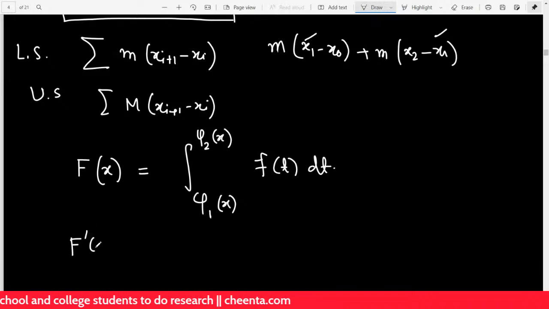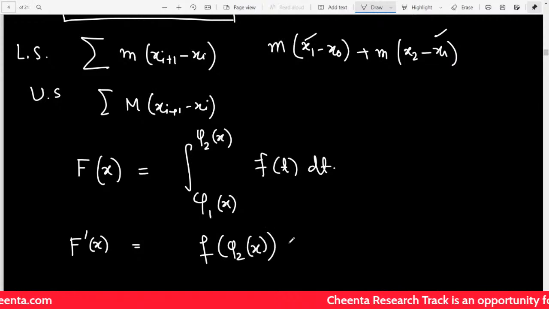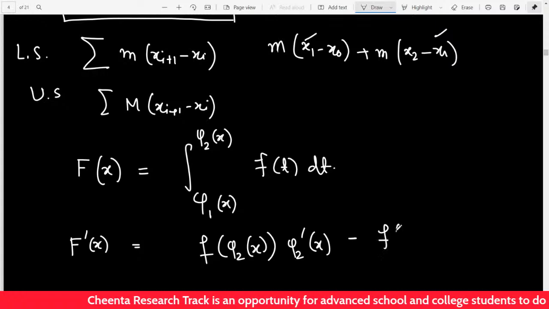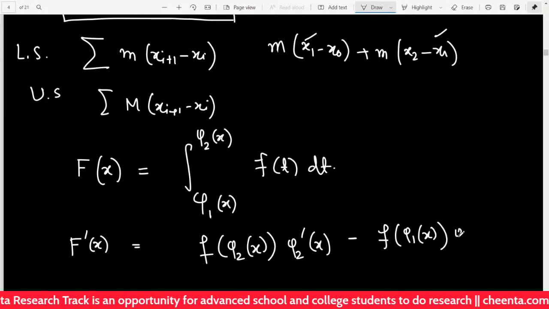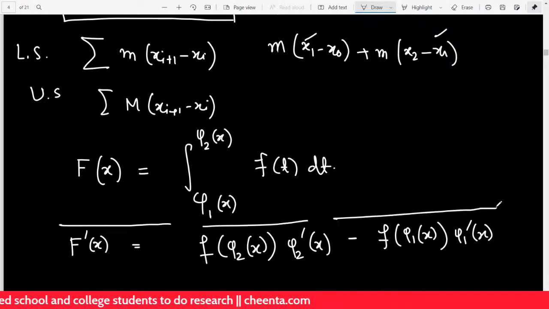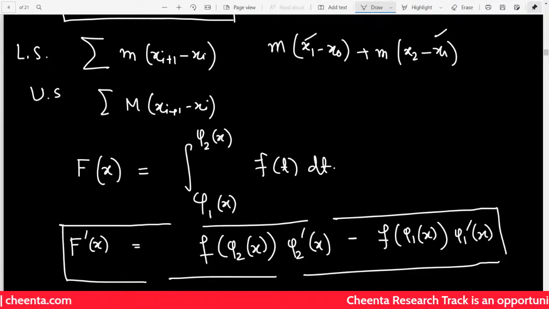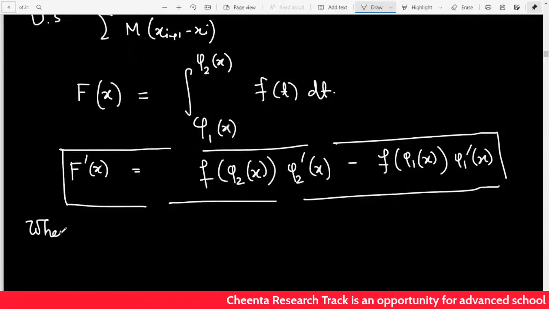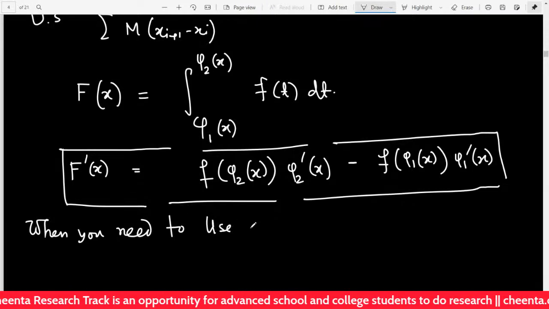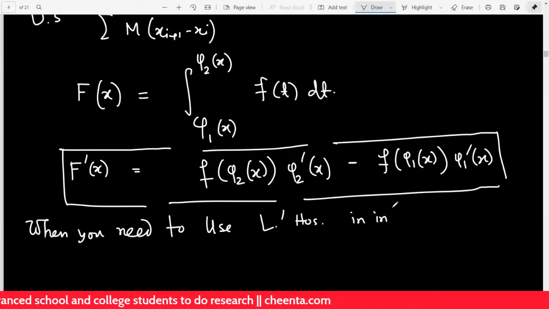Then f prime of x is f of phi2(x) into phi2 prime of x, minus f of phi1(x) into phi1 prime of x. Always remember this Leibniz rule. This is the Leibniz rule, which is very helpful when you need to use L'Hospital in integration situations.